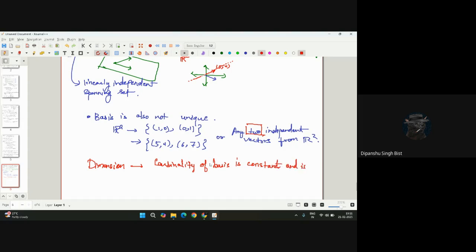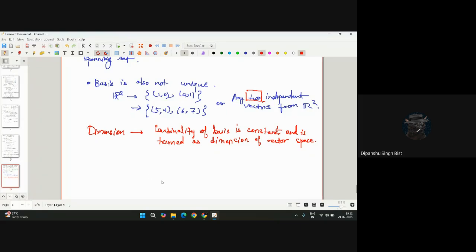That's why we use a term for it called the dimension of a vector space. So if you want to find the dimension of any vector space, you first find the basis and then check the cardinality of the basis. So for example, here the cardinality of the set is 2, hence the dimension of R2 is 2. So that's a reverse approach.